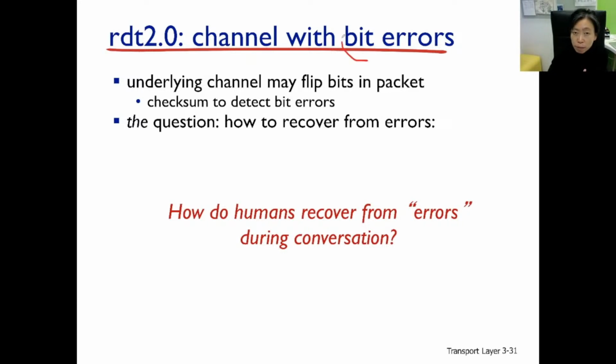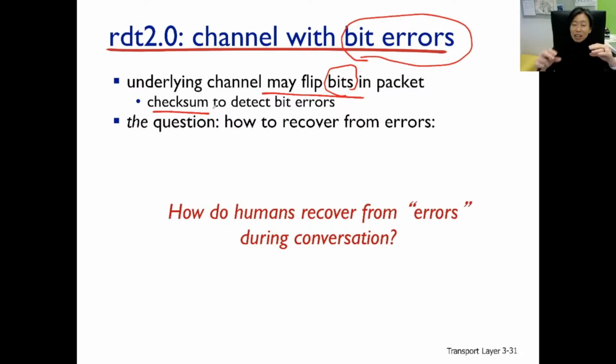We do have some problem, but just this problem, having bit errors, meaning if you look inside the packets, some of the bits might be flipped. Therefore, the packet fails the checksum at the receiver. The computed checksum and the packet header checksum somehow didn't match. The receiver then detects the bit error.